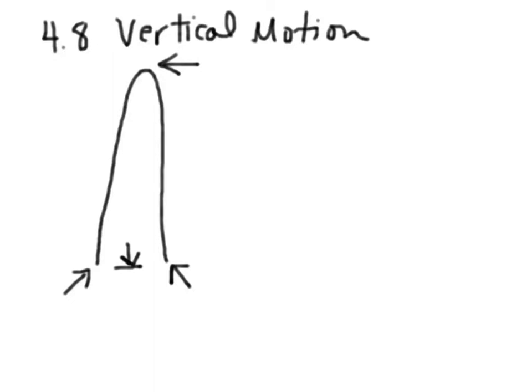This section is on vertical motion, and what happens if we throw something almost directly up in the air. This arrow at the top shows maximum height. Down here, t is equal to 0, initial time.